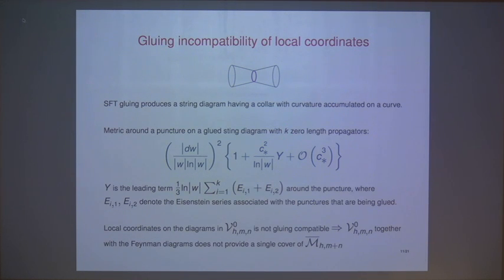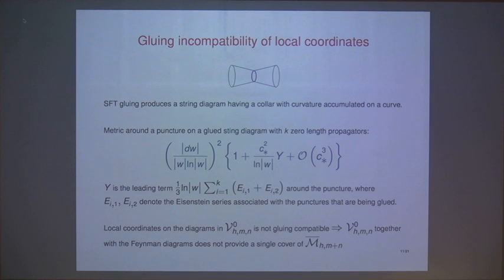One can extract it from a specific combination of Eisenstein series. That means the local coordinates that I introduced on the naive string diagram are not gluing compatible. So I won't be able to cover the whole compactified moduli space using this naive string vertex and Feynman diagram.